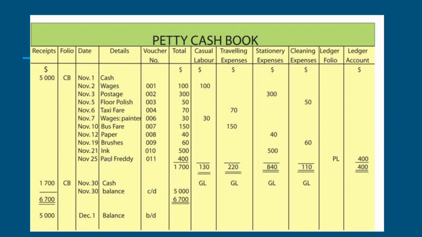Now what about Paul Freddy? Now this is a person, right? Or it could be someone who is buying something from us, but on credit. That means they will pay later. Now sometimes those people might be in petty cash books, and there could be various reasons for that.